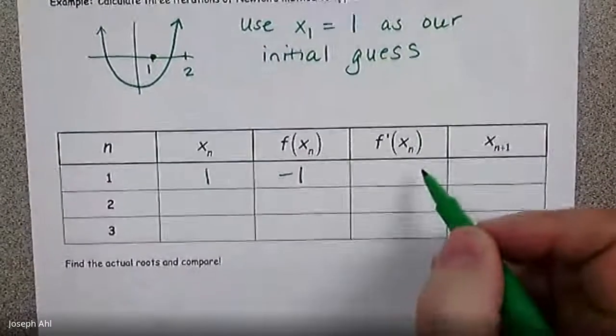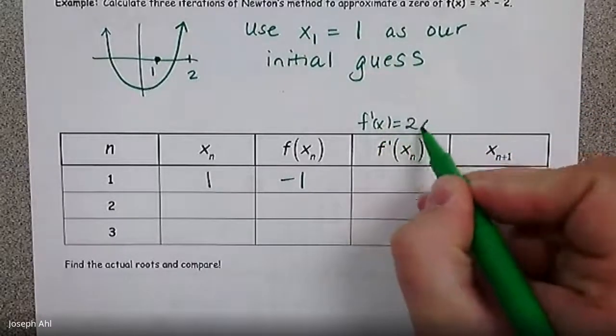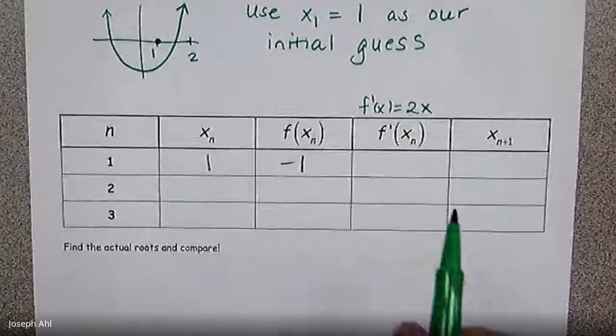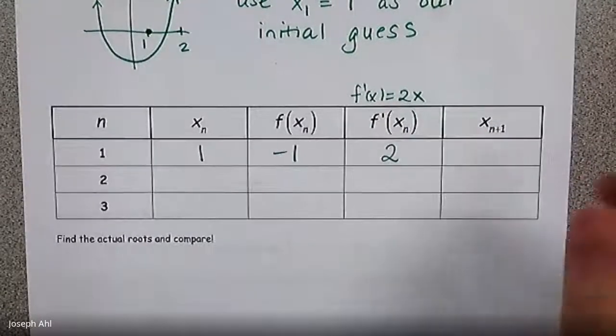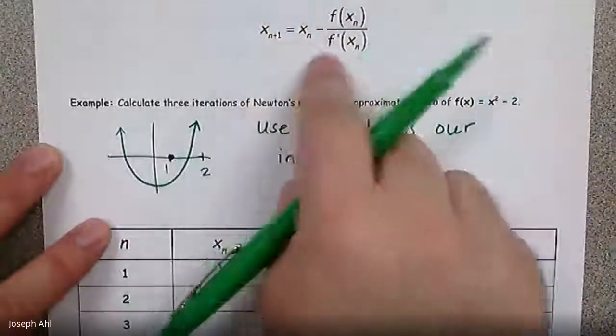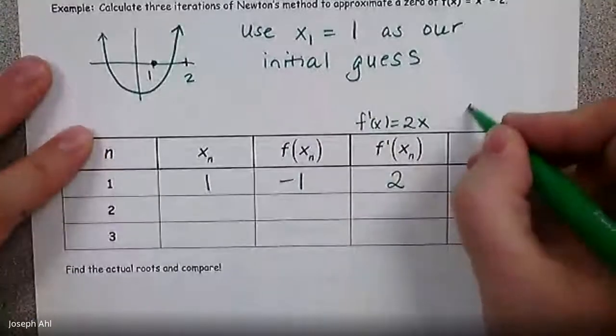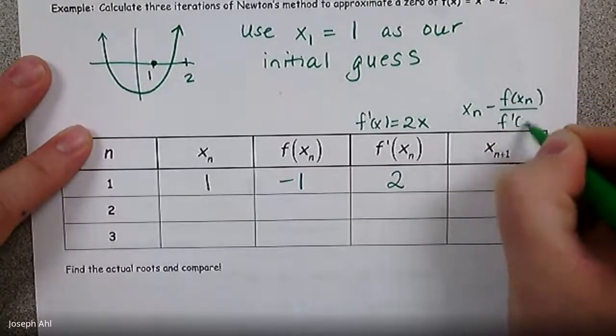In this column here, we're going to need to know the derivative. The derivative of x squared minus 2 is pretty easy. It's just 2x. So therefore, f prime of 1 is going to be 2. And then to calculate x sub n plus 1, we're going to use our Newton's method formula up here, which is x sub n minus f of x sub n over f prime of x sub n.